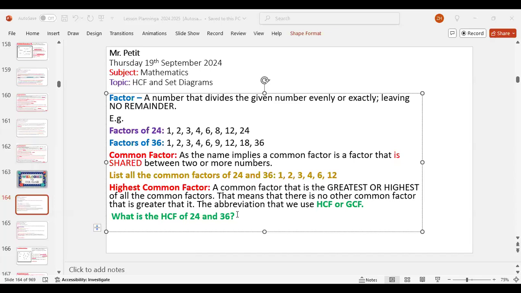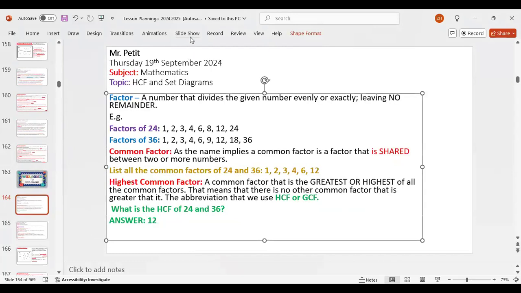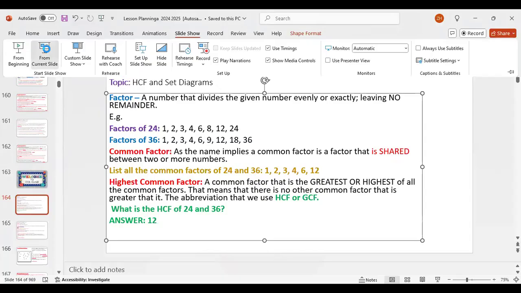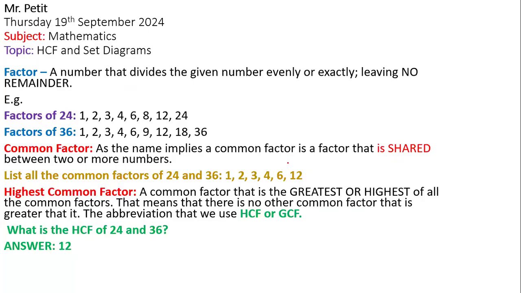You can say it out loud now. What is the HCF of 24 and 36? 12. The answer is 12, because out of all of the common factors, 12 is the highest. And so that means that we could automatically just point it out, and 12 is the HCF.